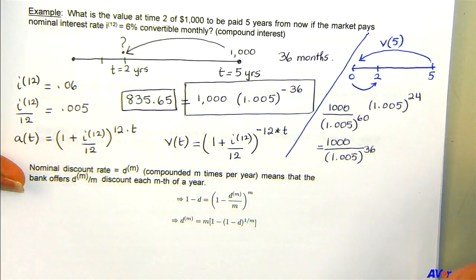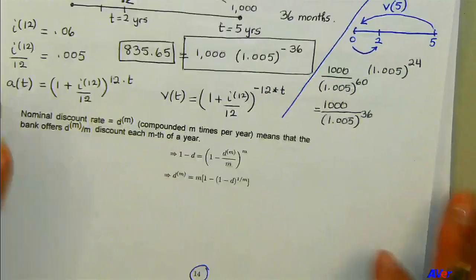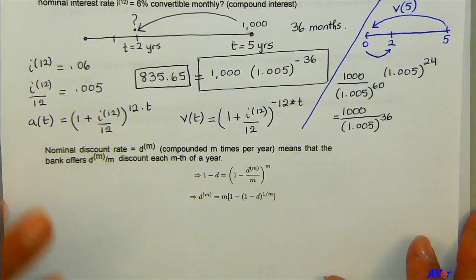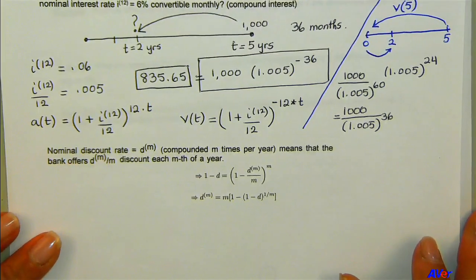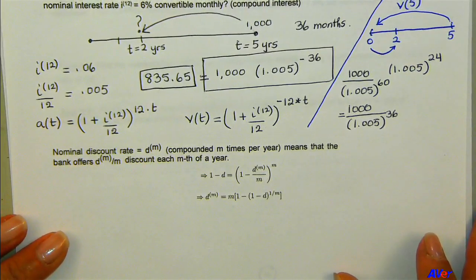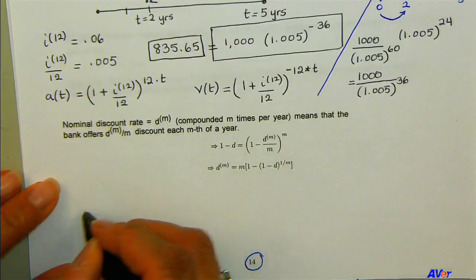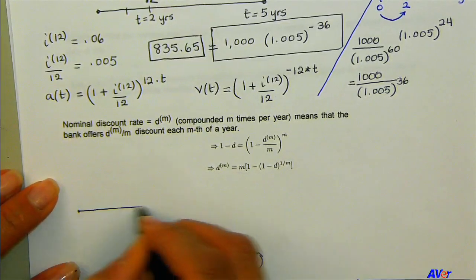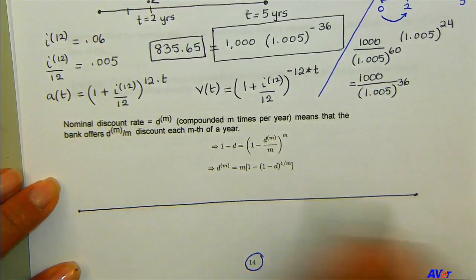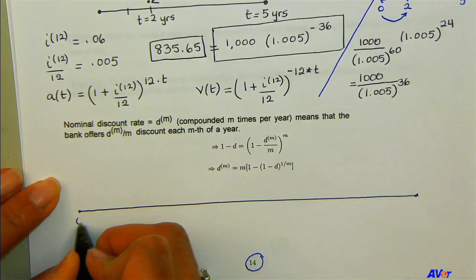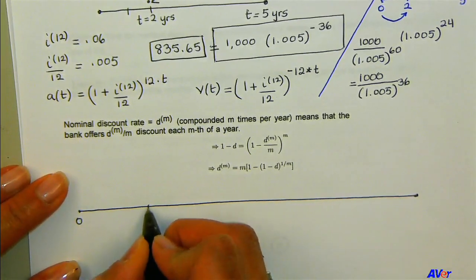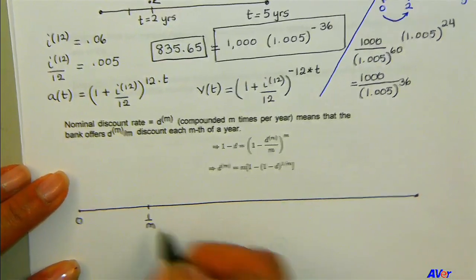Okay. If there are no questions, let's talk about discount. The nominal discount rate this time, compounded m times a year. Just like you have i^(m), you have d^(m). So let's draw a timeline. Starting at time 0, let's say it's monthly, just so you can picture it.